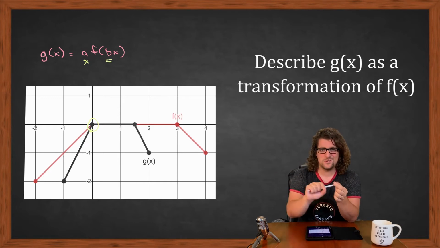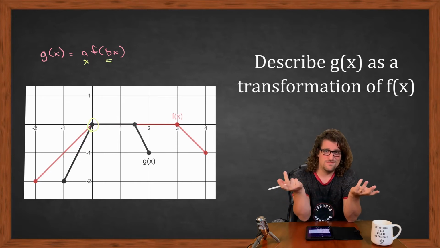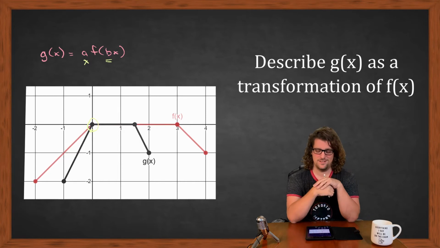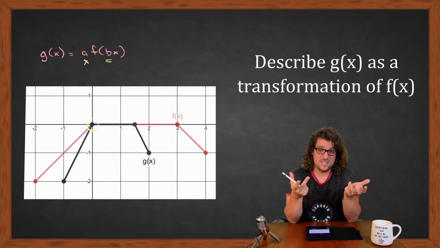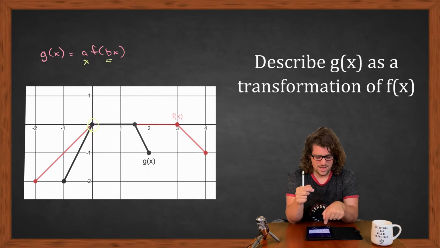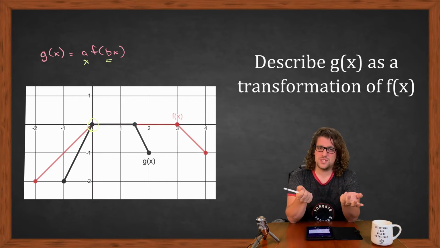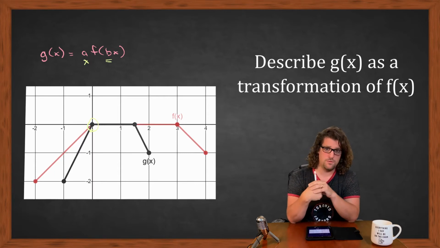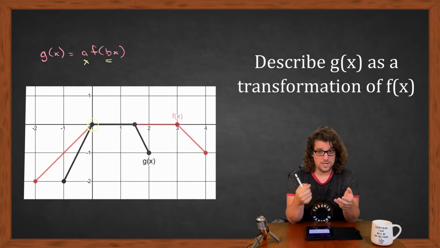When we compress or stretch it away from the y-axis, there's no multiplying factor that can take 0 and turn it into something else. So no matter what our b value is, it's going to end up right there anyway. So we can't get any clues as to what the b value is from that point. But that's okay. We have 3 other points, all of which would tell us what we need to know.